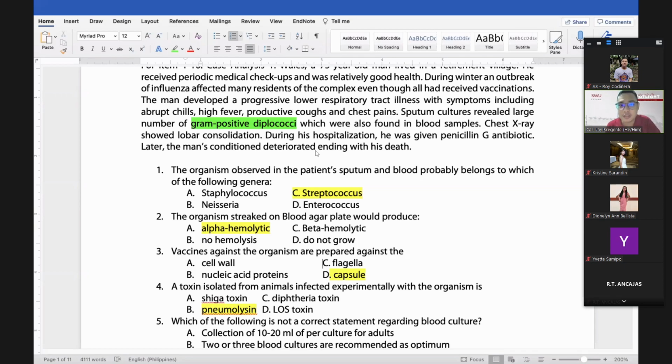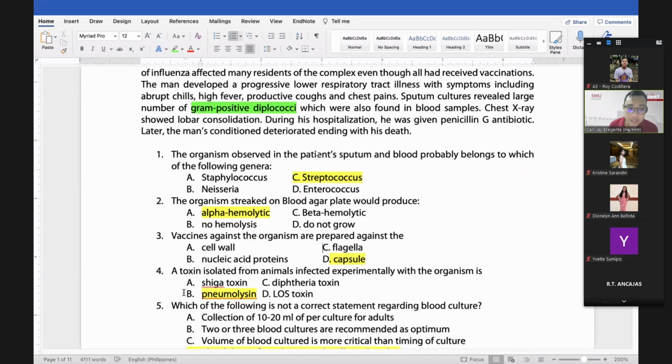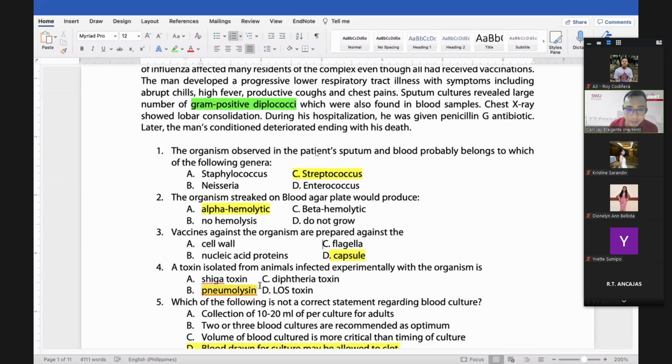Okay? So for pneumococcal or pneumococcus class, capsule na siya ilang source sa ilahang vaccine. Diba? For the pneumococcus, you have the PCV 13 and the PPSV 23 rather.